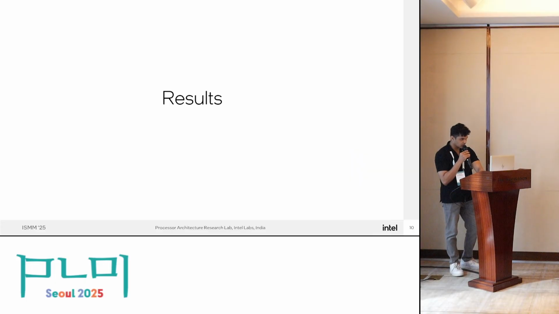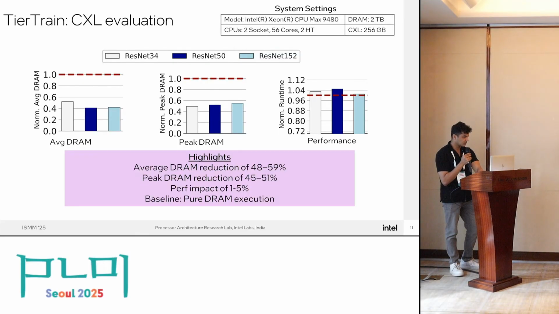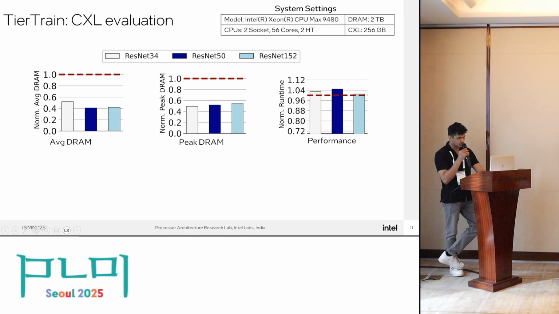Now we can look at some results of TierTrain. Initially we did an evaluation on real CXL-attached memory, and these are the results we observed. We have around 2 terabytes of DRAM on the system and about 256 GB of CXL, and we tested TierTrain across different variations of ResNet on CXL.